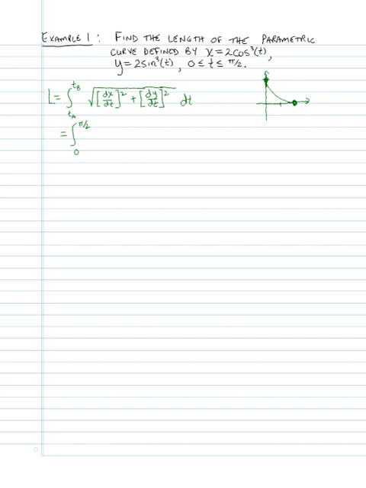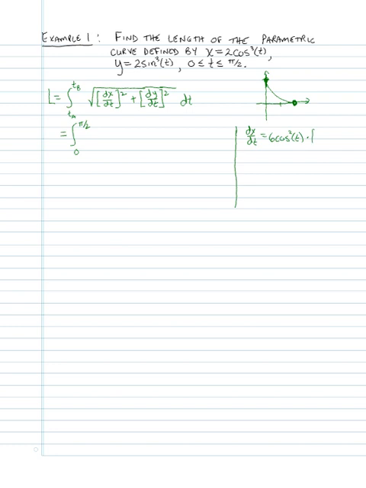Now, we create a square root here, but to do this square root, let's come over here to the side because we've got a little bit of an issue going on. We need the derivative of x with respect to t. x is 2 times cosine cubed t. When we take the derivative of cosine to the third power, we bring that exponent down, 3 times 2 is 6, and we reduce the power on cosine by 1. But now, using the chain rule, we have to take the derivative of cosine of t, which is negative sine t.